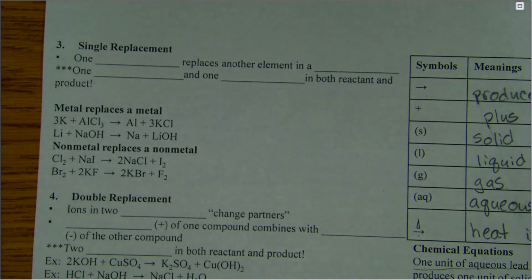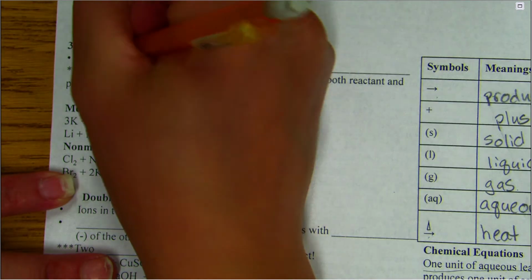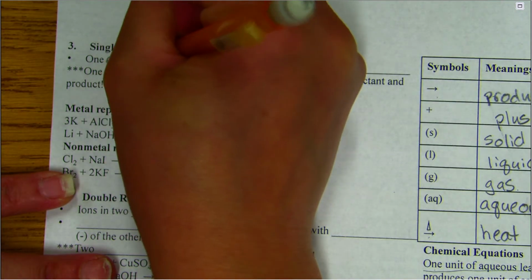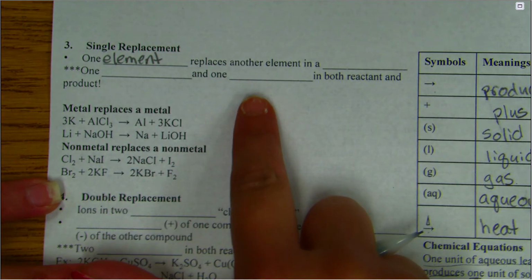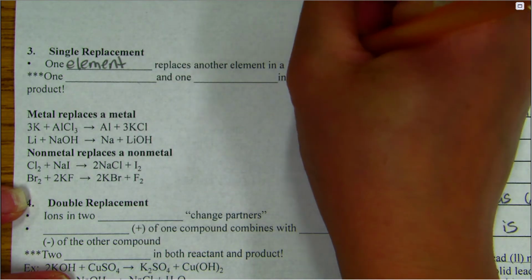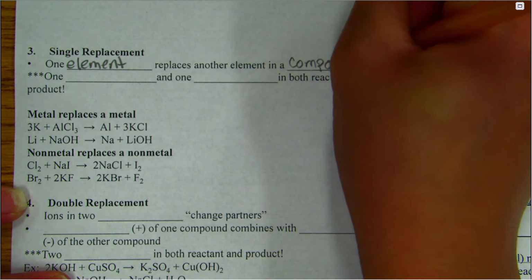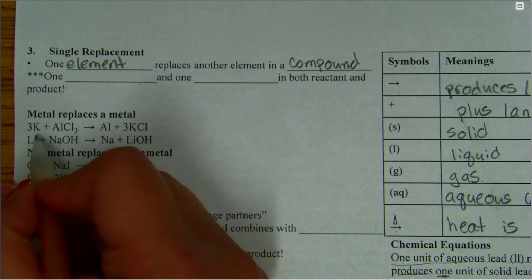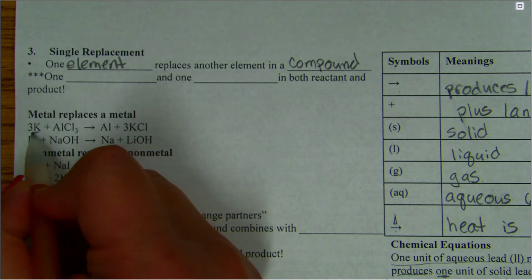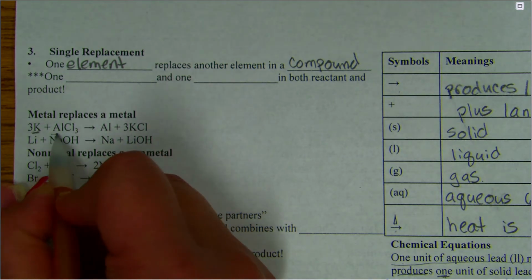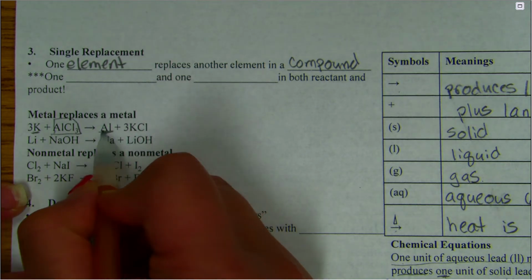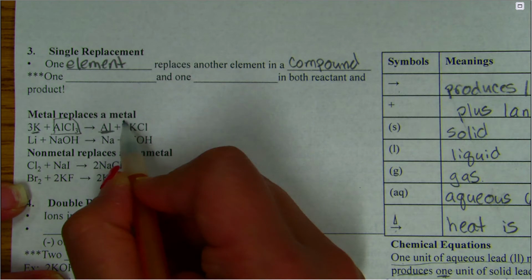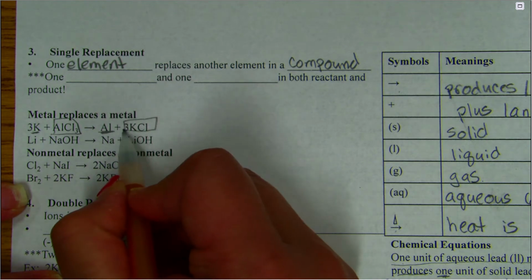We have a single replacement, and now this is where one element replaces another element in a compound. So we have on the reactant side a single element and a single compound. The product side also has one element and a single compound.